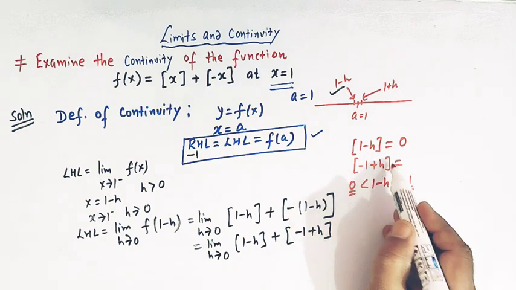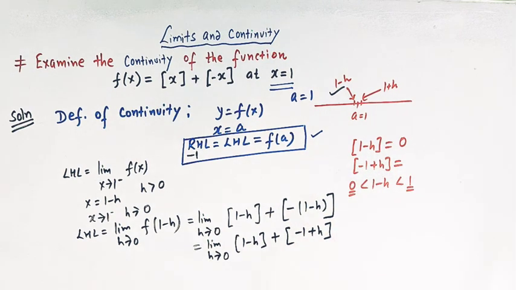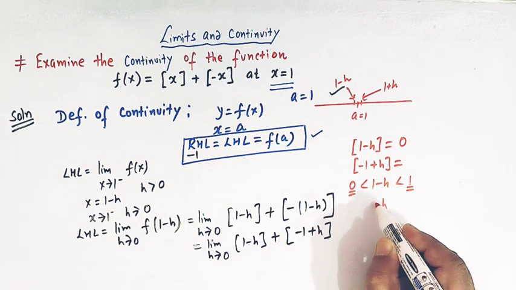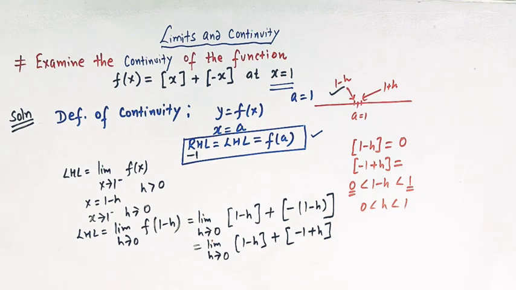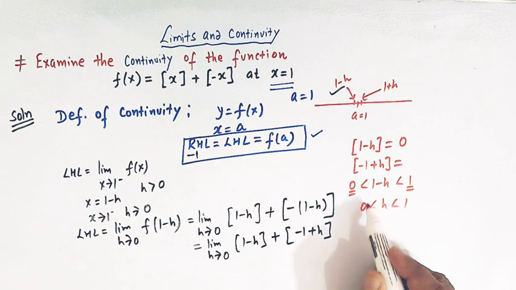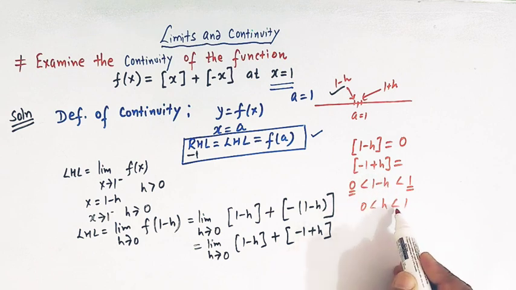Now let us consider greatest integer of minus 1 plus h. We know that h lies between 0 and 1, right? Now we'll add minus 1 throughout this inequality.